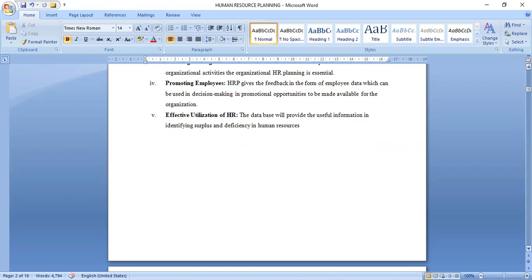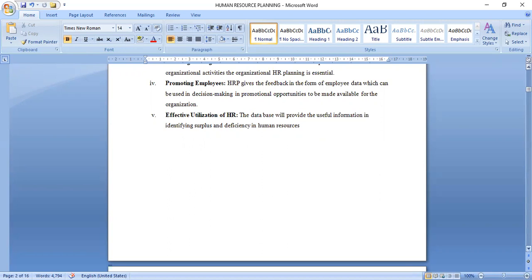With effective utilization of human resource here, we basically mean that if there is deficiency, for example, if the workers you have do not have the rightful skills, then they are not going to deliver. They are not going to work towards attaining the organization goals.